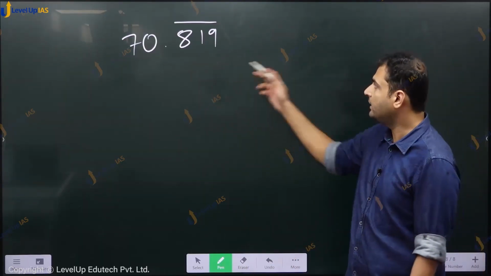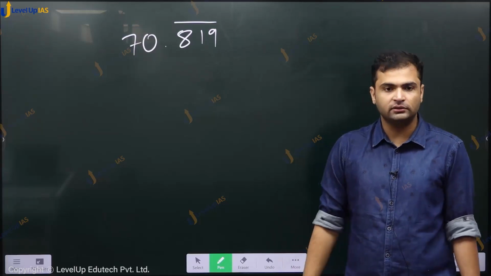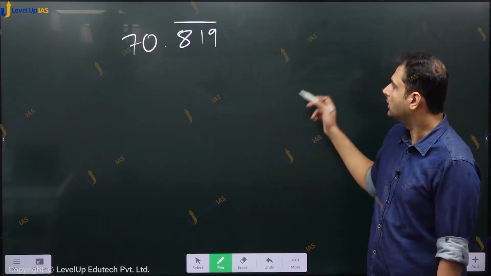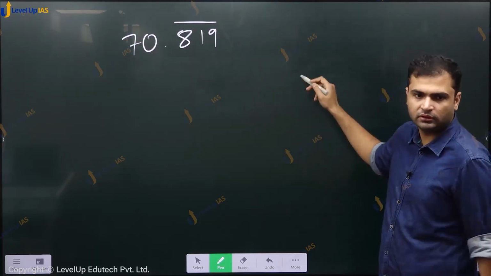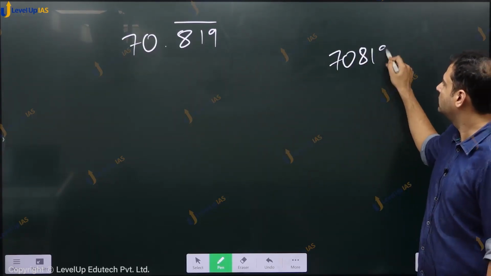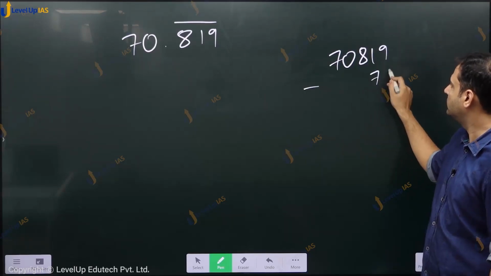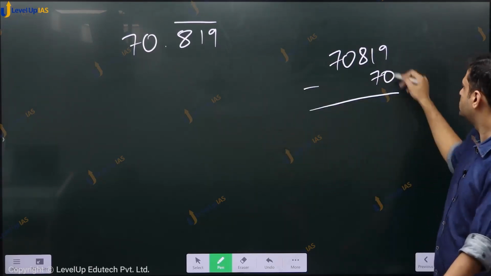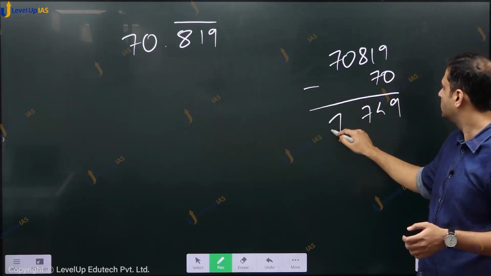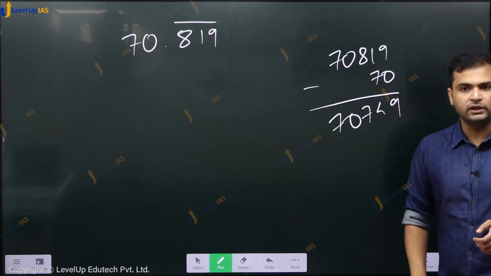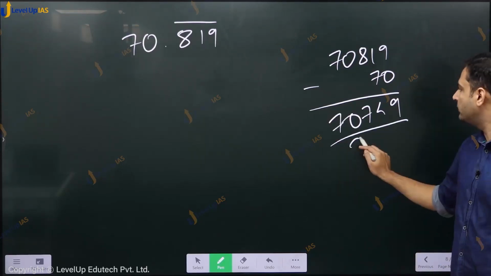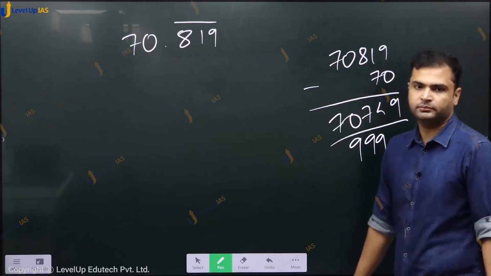So we take the entire number and subtract. हाँ जो भी है, you have to take this number 70819, you have to subtract 70 from it, right? So you will get 70749, and 3 digits are repeating, so you will get divided by 999.